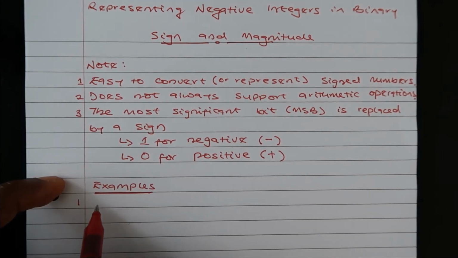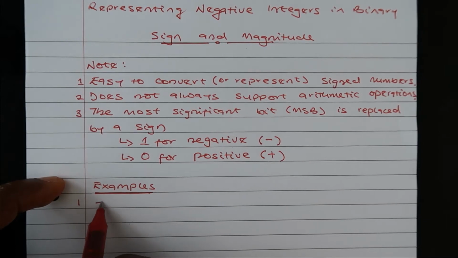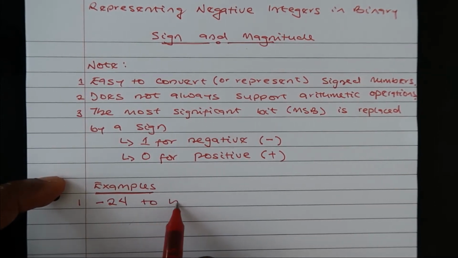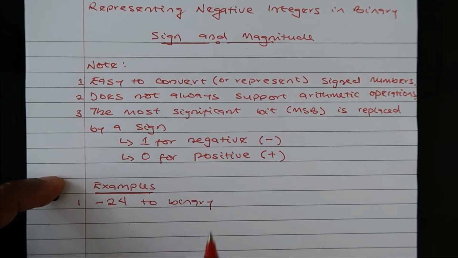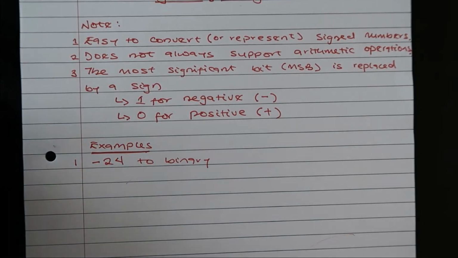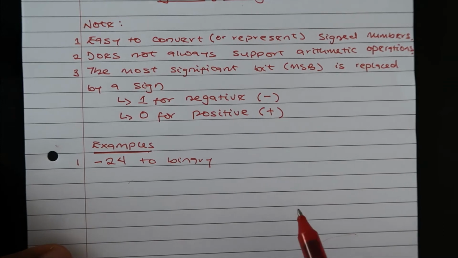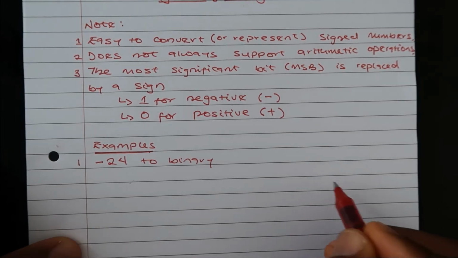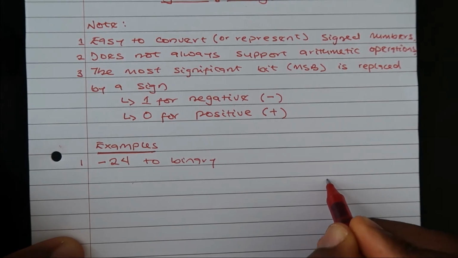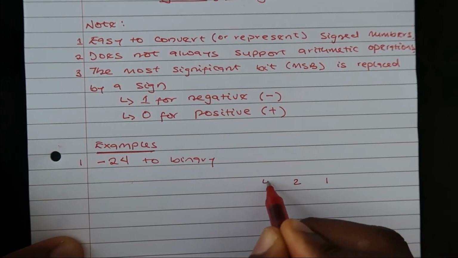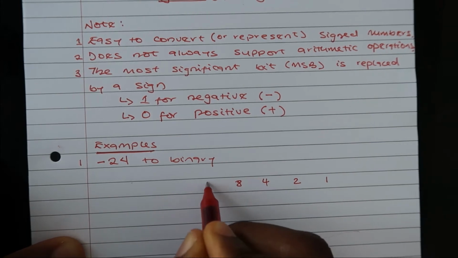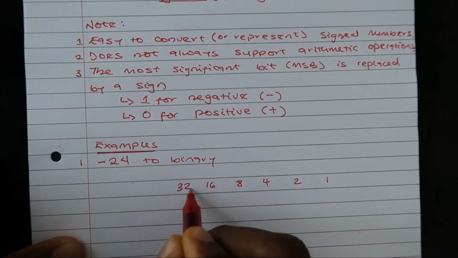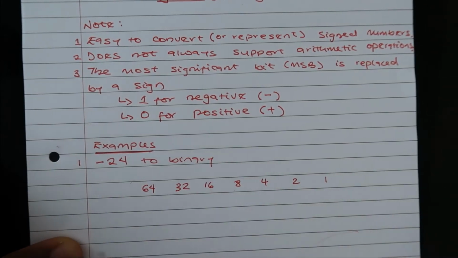Let's say, for example, we are asked to convert minus 24 to binary using sign and magnitude. What you want to do first is to write down our number sequence. So I'm just going to write down here 1, 2, 4, 8, 16, 32, 64.